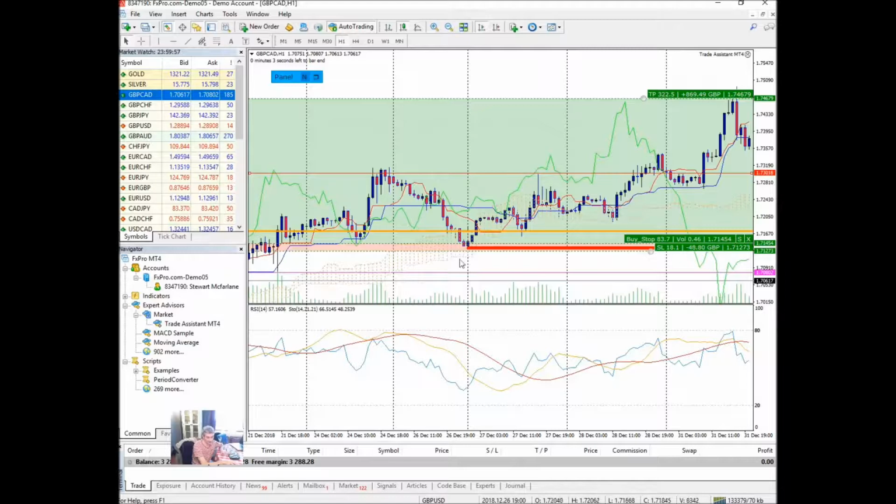If you were just wanting to leave it and you set up something, this is a great trade.